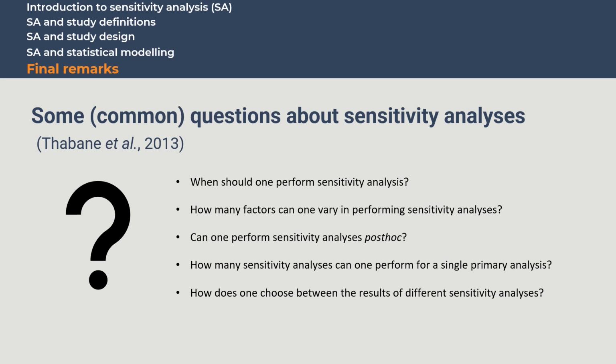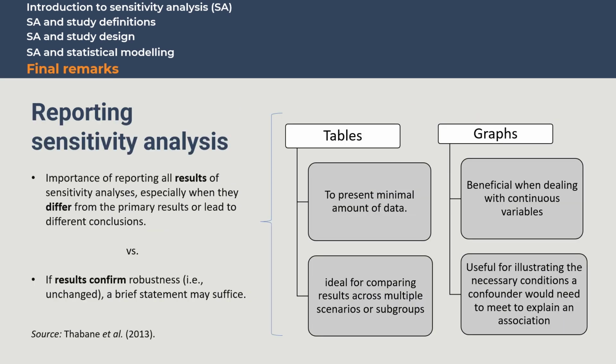When doing sensitivity analysis, the question often arises, do we need to report all results of the sensitivity analysis? The answer is yes, particularly when the results deviate from or contradict the primary outcomes of our study. Such differences can provide invaluable insights into the limitations and applicability of our findings.